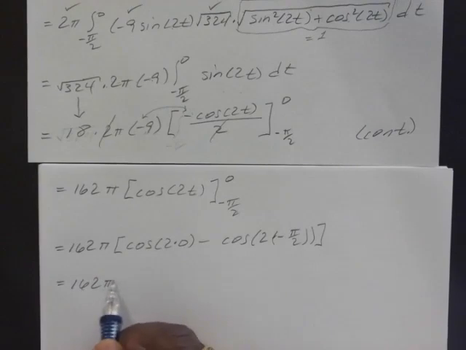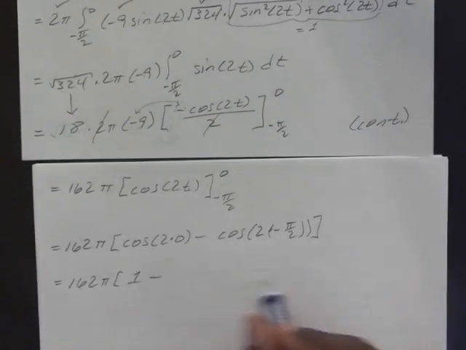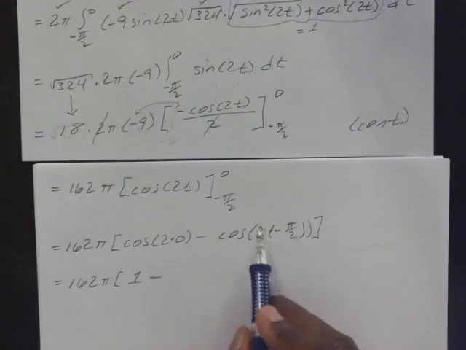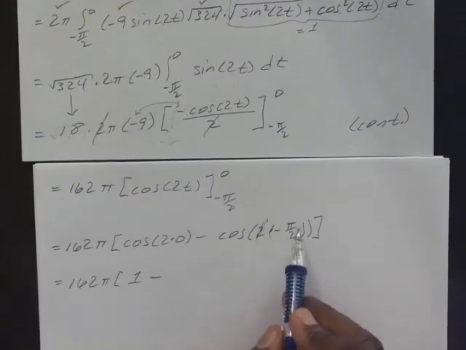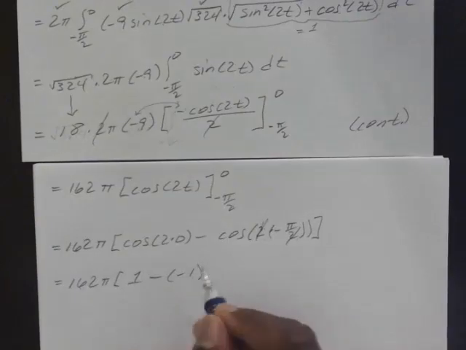That gives us 162 pi times cosine of 0, which is just 1, minus cosine of negative pi, because these 2's will cancel out, which is negative 1, so minus negative 1. And make that 1 look just like the other one. There we go.